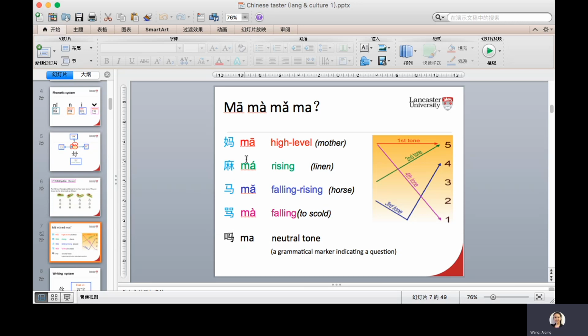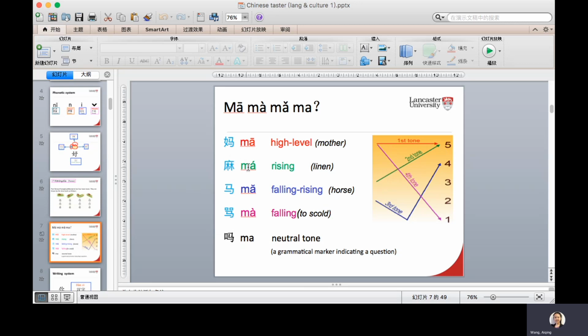So the tones are crucial to the Chinese sound system because each tone indicates something different. For example, for the syllable ma, there could be 5 different tones. The first tone, the horizontal one, ma, it's a high level one. The meaning is mother. The second tone is a rising tone, ma, right?